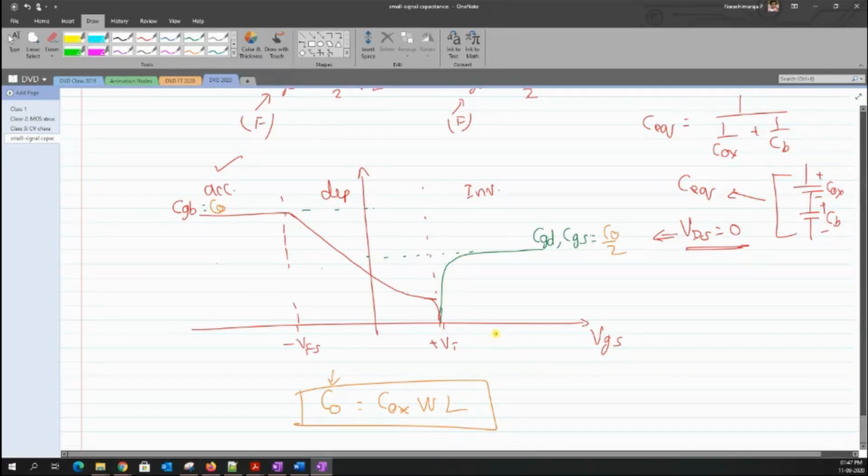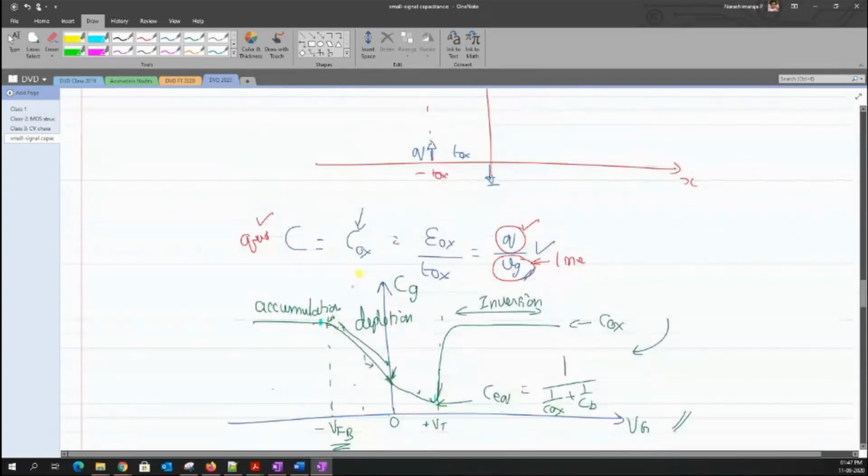Clear? So hope that you don't have any doubt as far as this discussion is concerned. Now I just want to write just the gate capacitance without any reference. In this graph, I'm just referring to the gate capacitance, but I'm not referring to the other end of my terminal. This other end can be body, source, or drain, anything. That's the reason I could plot this entire graph without referring to any other reference potential.